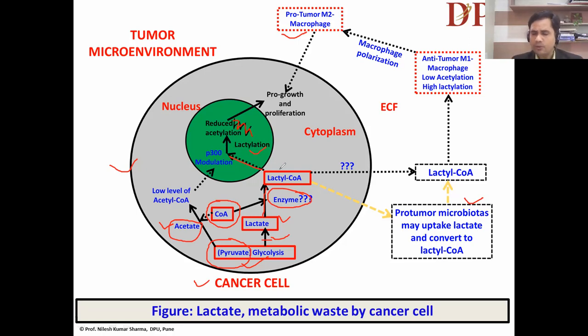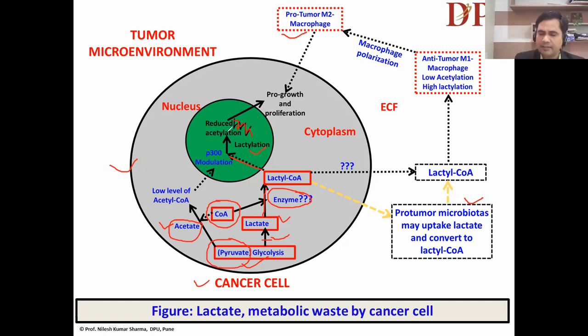But whether the enzyme is reported or discovered or not, irrespective of that, if you look at this whole process, the conversion of pyruvate to the lactate, then lactate to the lactyl CoA, and then lactyl CoA is going to impact the epigenetic landscape. The whole pathway is pro-tumor.